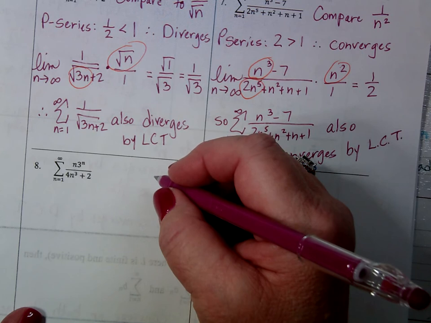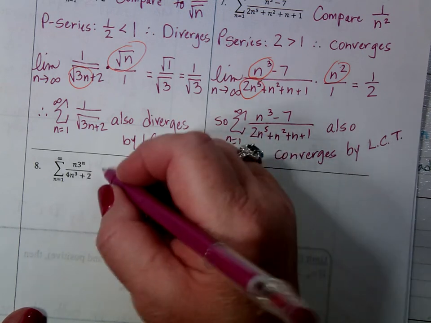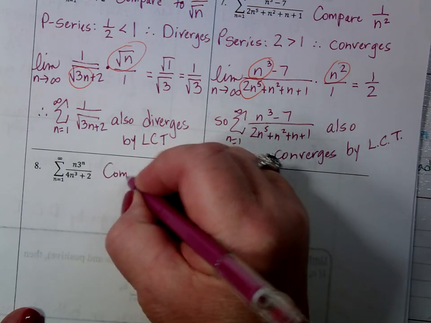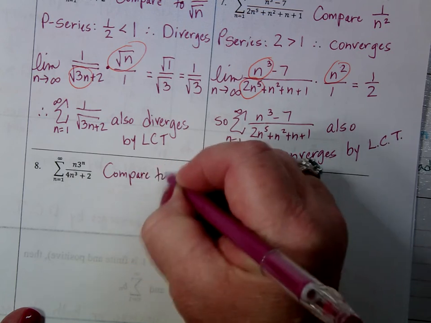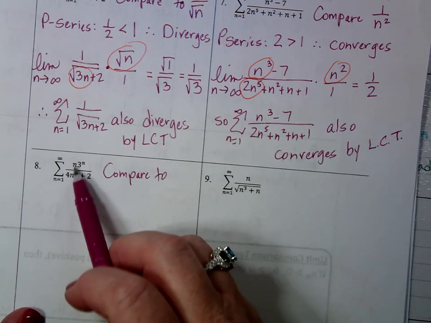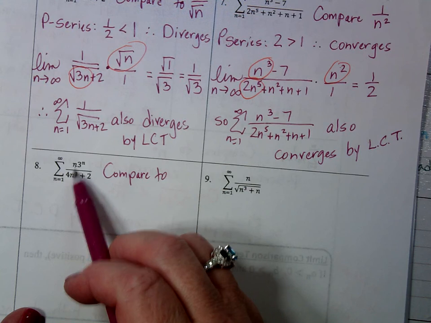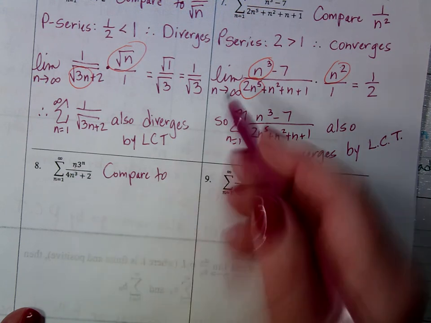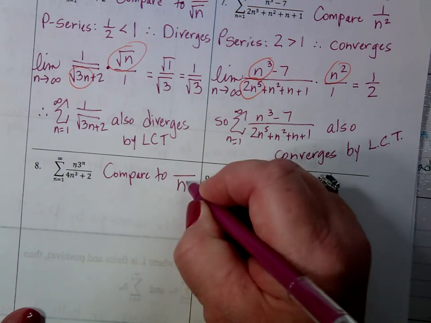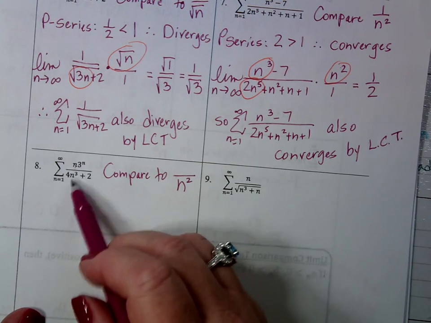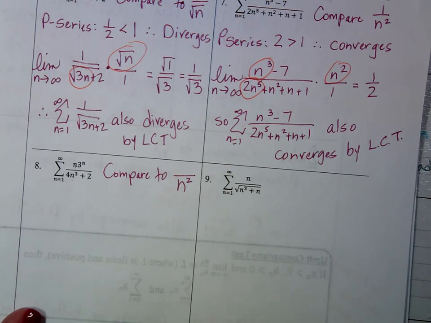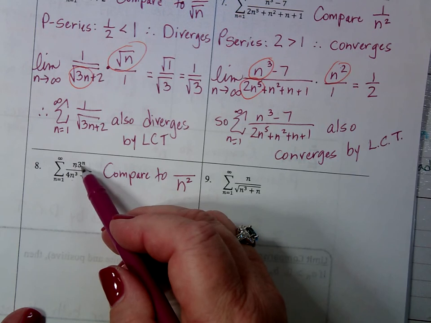If I look at it and squint in on it, this is an n, this is a 4n cubed, so that would be an n squared on the bottom, right? An n over an n cubed. But this still has 3 to the n that's generating terms.